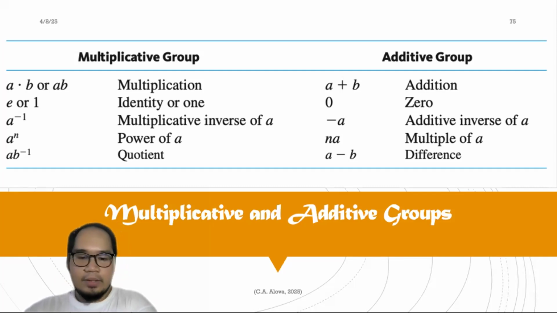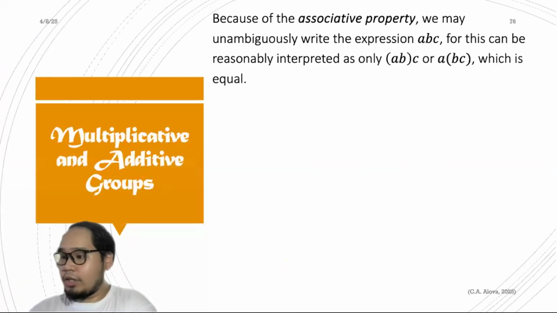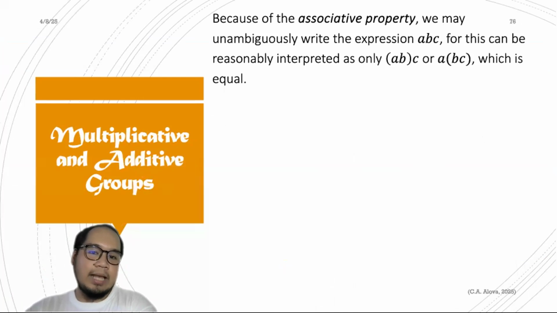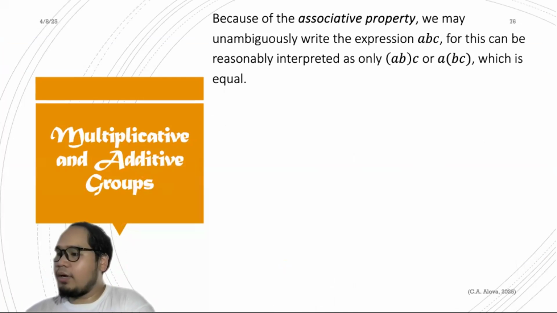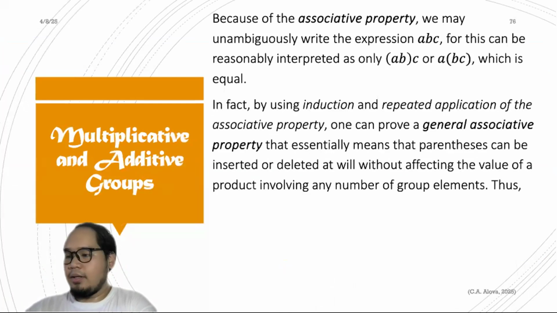As a final remark, because of the associative property, we may unambiguously write the expression A times B times C as follows. Remember, associativity means that changing the grouping doesn't change the result.